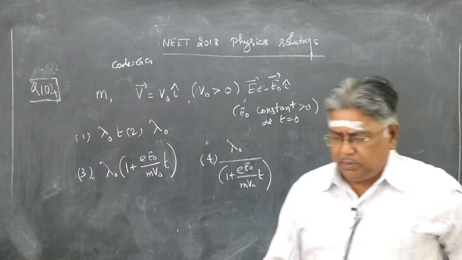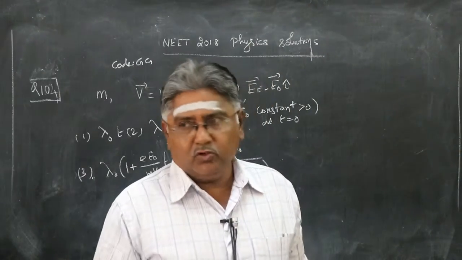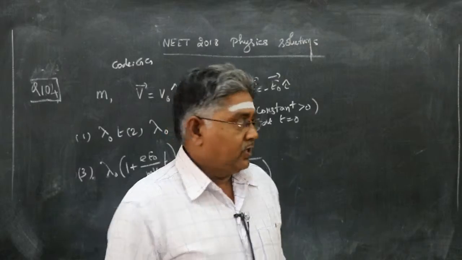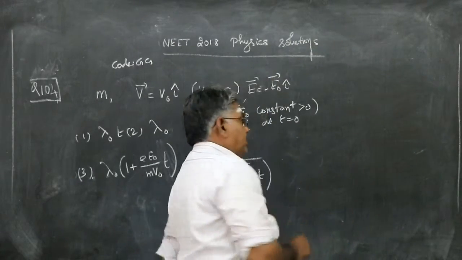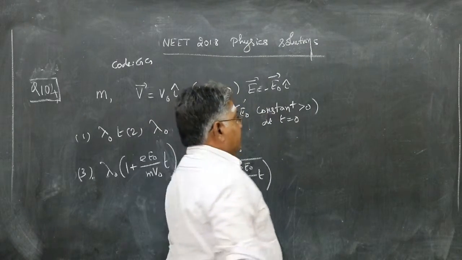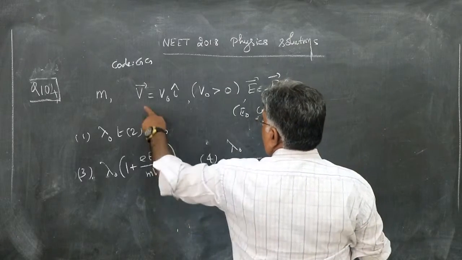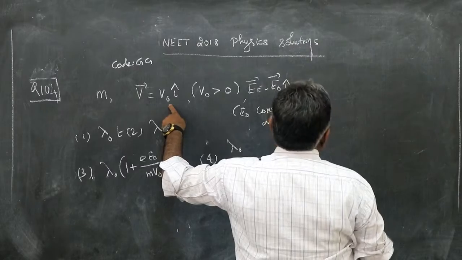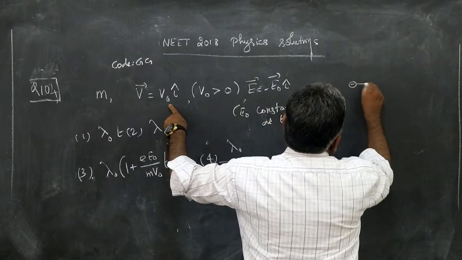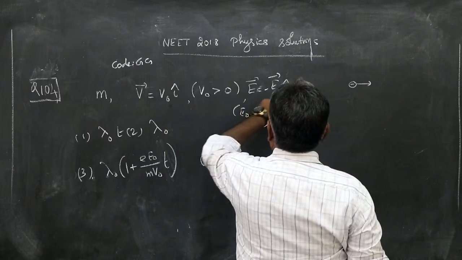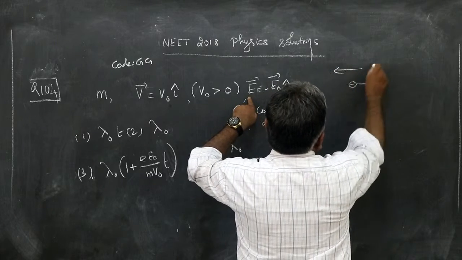Direct sum, simple, straight away apply the formula. Only thing you should know is the formula. The de Broglie wavelength formula, lambda equal to h by m v. So here the electron's velocity is along the x-axis, but the electric field is applied along the minus x-axis.